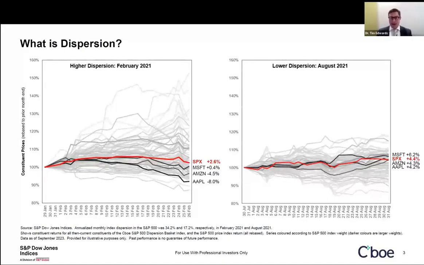And its connections to volatility are not just hypothetical. There's actually some deep, the same option mathematics that drives VIX.